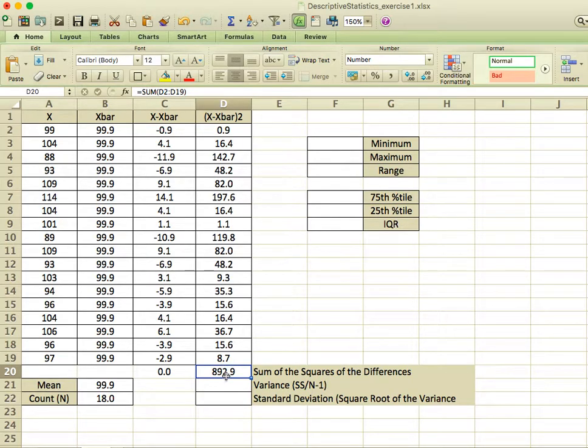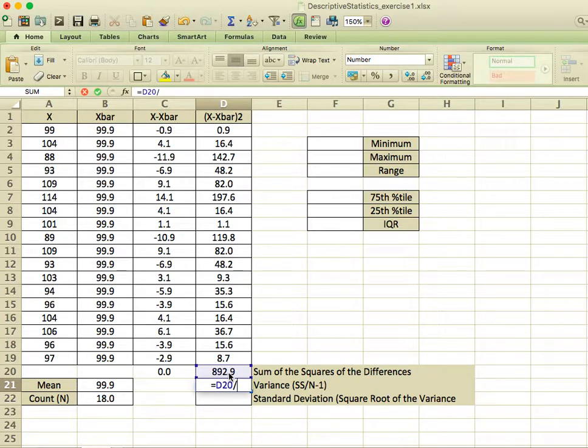Well, now, just like the average before, I want to take a look at this in terms of what the value is per individual. So normally what I would do, I'd say, let's take that number, just like we did with the mean, put an equal sign in here, take that number and divide by the number of values, 18. As it happens in statistics, we'll talk about this later on in the semester, we'll be dealing with a concept called degrees of freedom.